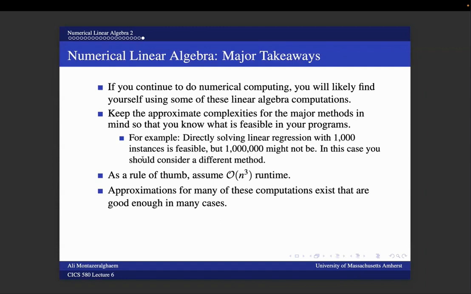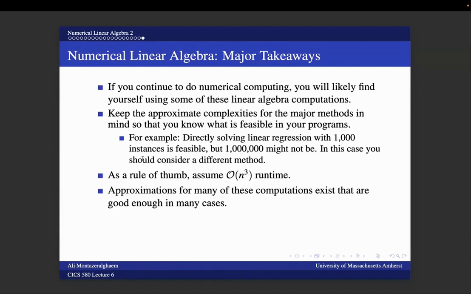Also, it is important to keep in mind the approximation of the complexity of your algorithm, because before coding or implementing, you can know whether your algorithm is feasible or not.